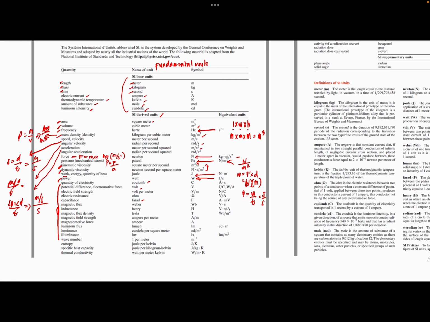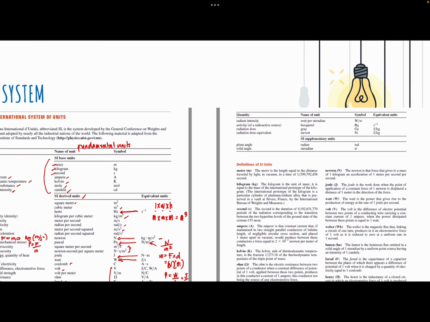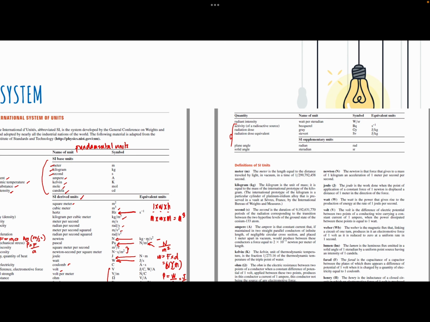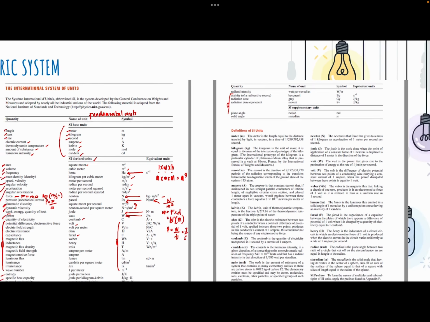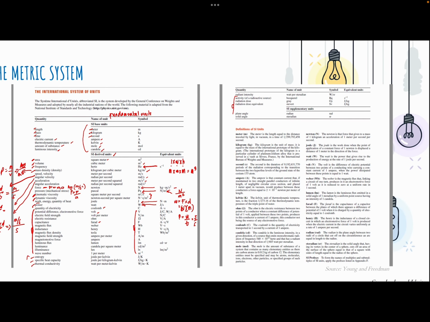But kahit na hindi natin ma-encounter, at least alam ninyo, di ba? So, pag-aralan ninyo na lang. So, for entropy, specific heat energy, specific heat capacity, thermal conductivity, mga yan, itong mga to, pag-aralan ninyo na lang din. Okay? Lalo na tong tatlong to, kasi gamit na gamit yan in your higher years.